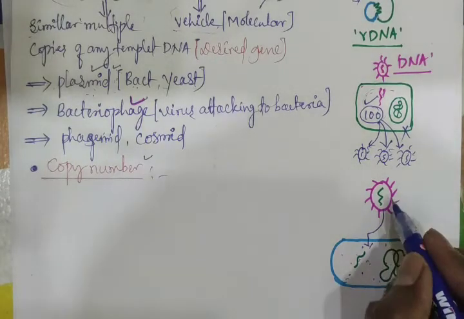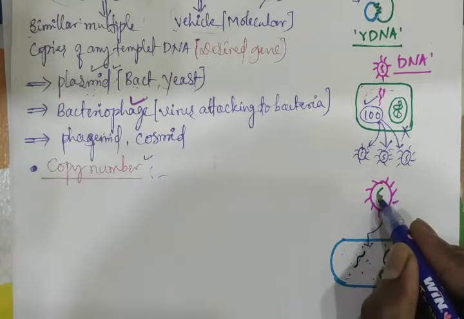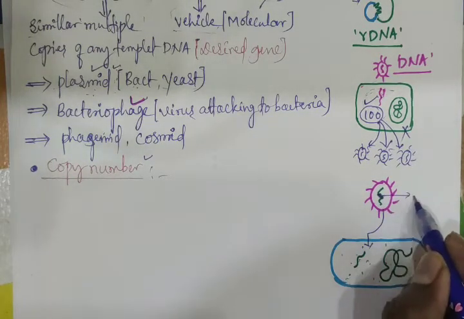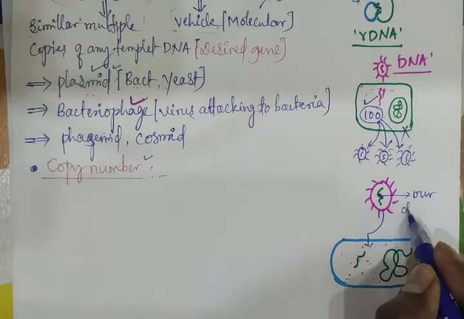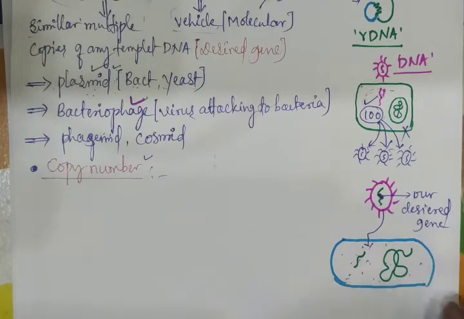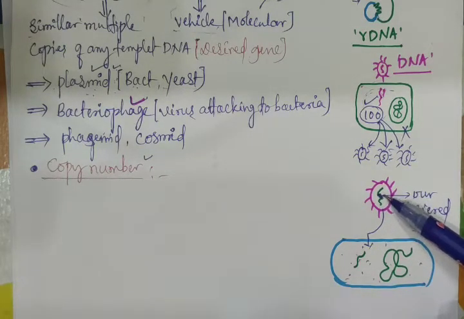Now what I am doing is, into this virus I am going to introduce our desired gene. I am going to introduce our desired gene into the DNA of the bacteriophage.